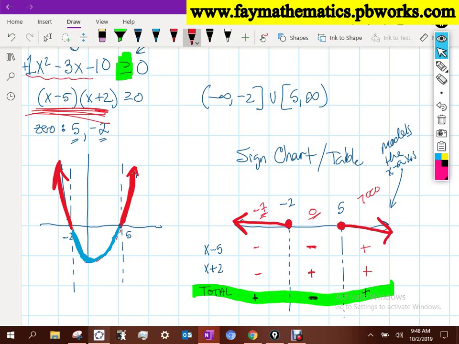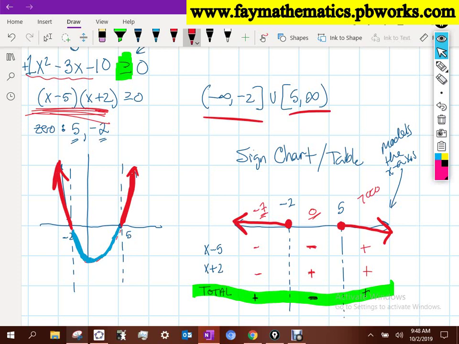Does that make sense? And now if I were to put this red graph in interval notation, isn't it negative infinity up to -2? And if I put this red graph into interval notation, isn't it 5 to infinity? Okay, so that's the procedure for making a sign chart. We will use that a lot as we move on through the next couple chapters.